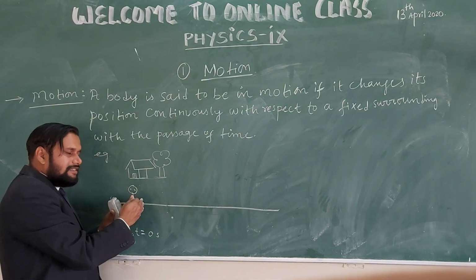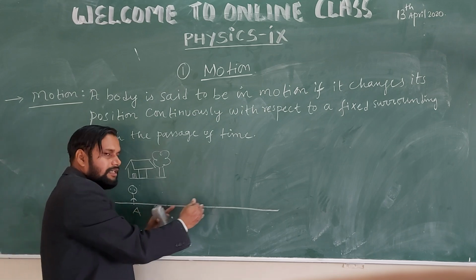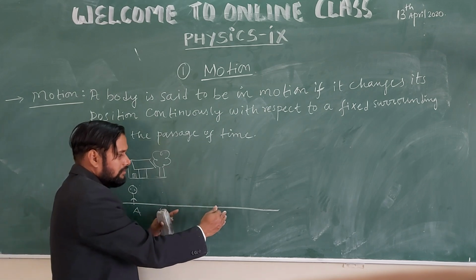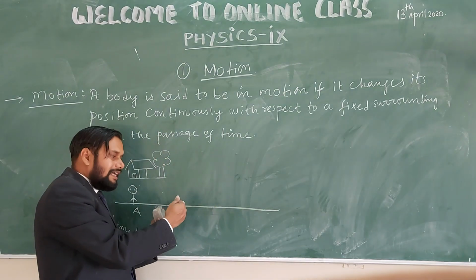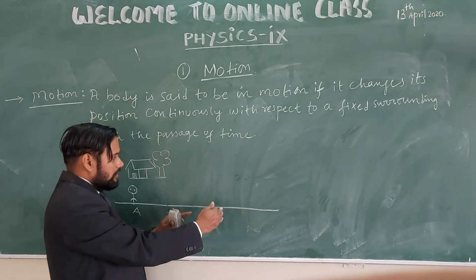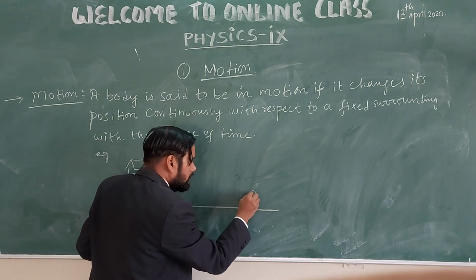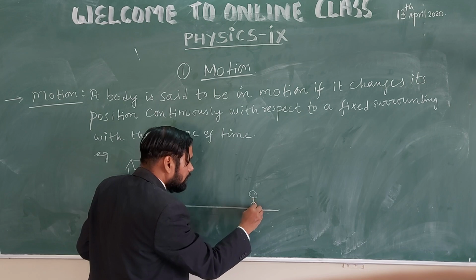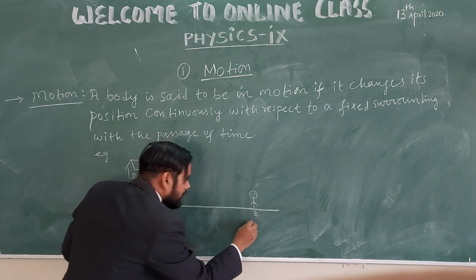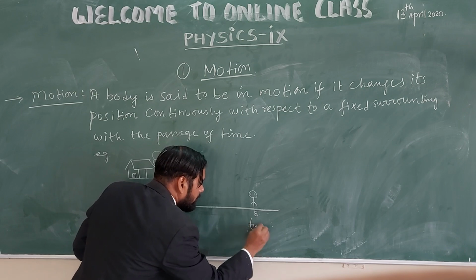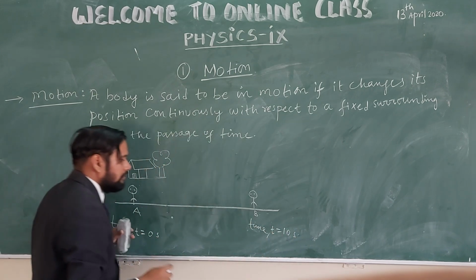Now he starts changing its position as the time is passing. So now after changing its position continuously as the time is passing, with respect to its surrounding, the boy reaches to position B at time t equals to 10 seconds.